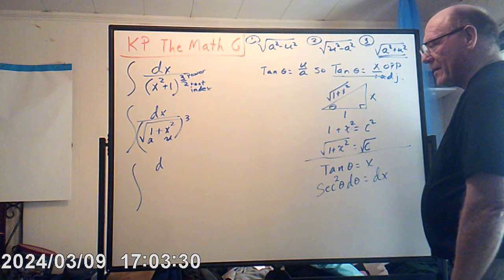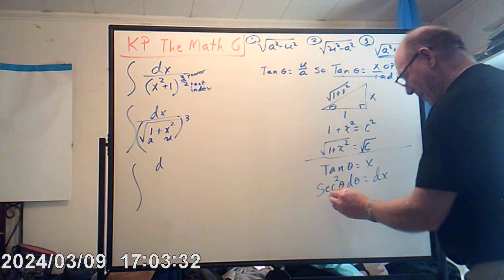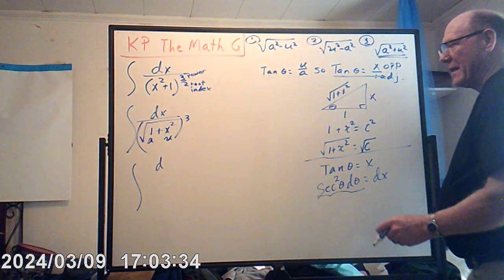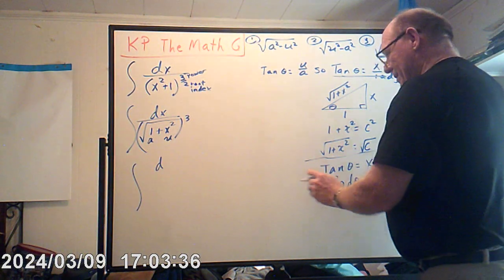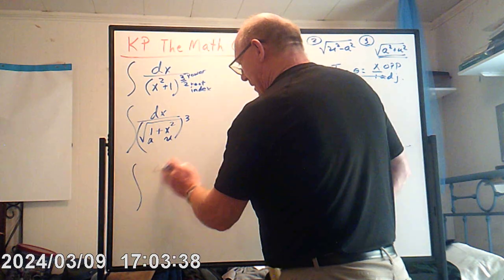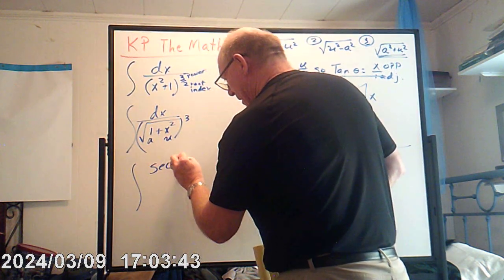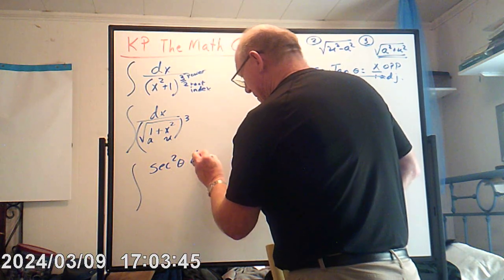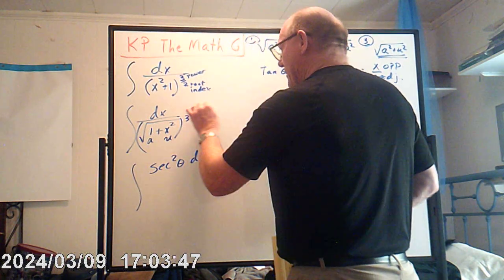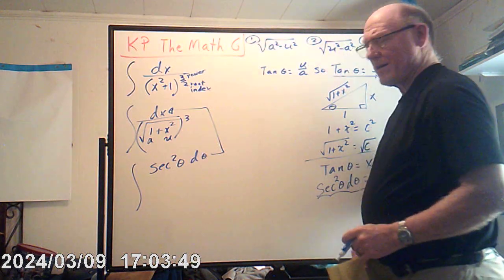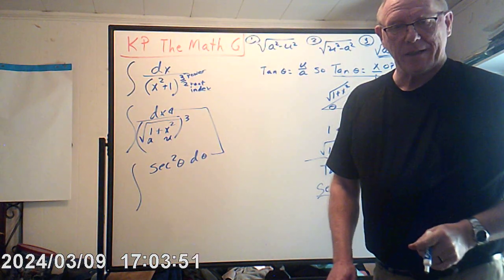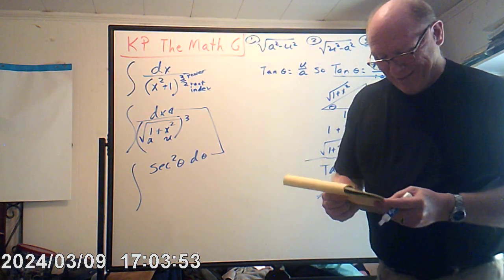So we have a little substitution to make. In place of dx, we're putting secant squared theta d theta. Bear with me.